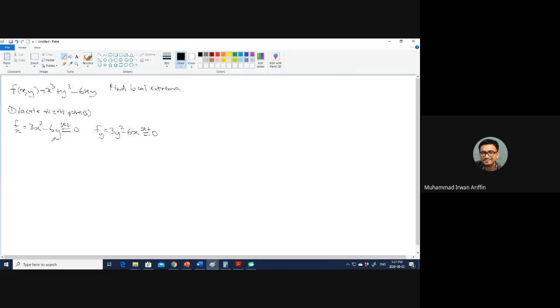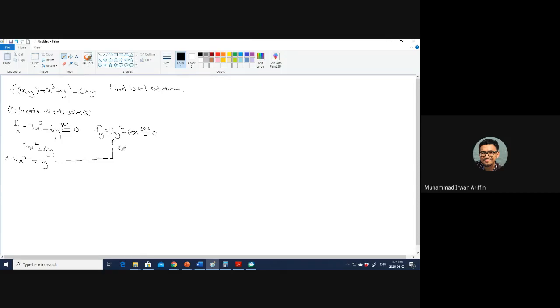Whatever technique you want to use, I'm going to do this by substitution, as suggested in the slide. So we have 3x squared equals 6y, and then y equals 3 divided by 6, which is 0.5, or 1 over 2 x squared. I'm going to substitute this here.